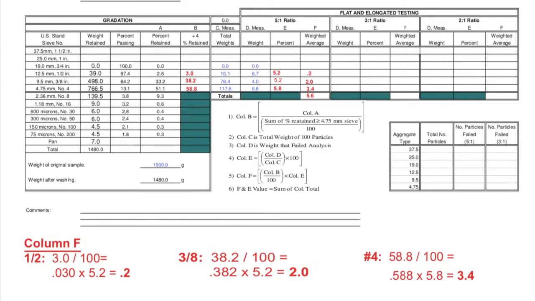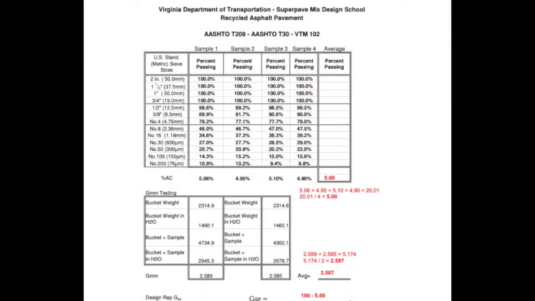Let's now turn our attention to the RAP properties. When we looked at our 2 fine and 2 coarse aggregates, we were determining our GSB values. Now we're looking at our RAP. On our RAP, we are going to use the GSE for our GSB.